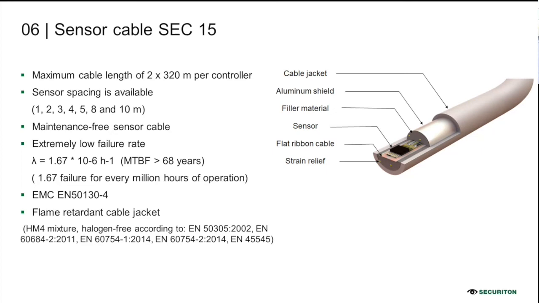It's also EMC compliant, under EN 50130-4. And to mention, this is also a flame retardant cable jacket, and this cable is a self-extinguishing cable. Just to stress on this: if a real fire incident happens, people always ask, would this cable propagate fire? No, it will not.